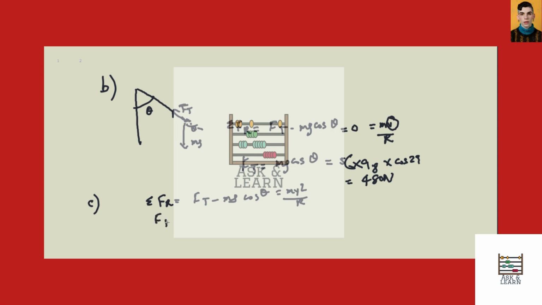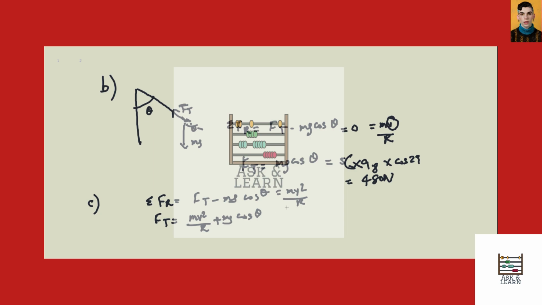Therefore, Ft is equal to mv squared by r plus mg cos theta. Now, as this angle decreases, the tension increases, and as the speed increases, the tension increases. Both effects are the greatest at the bottom of the swing, so that is where the tension will be at its maximum.